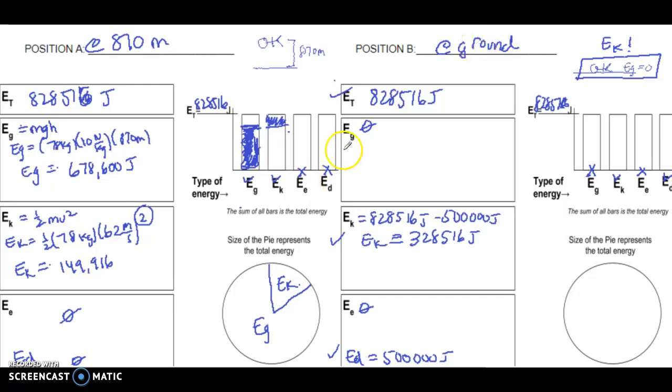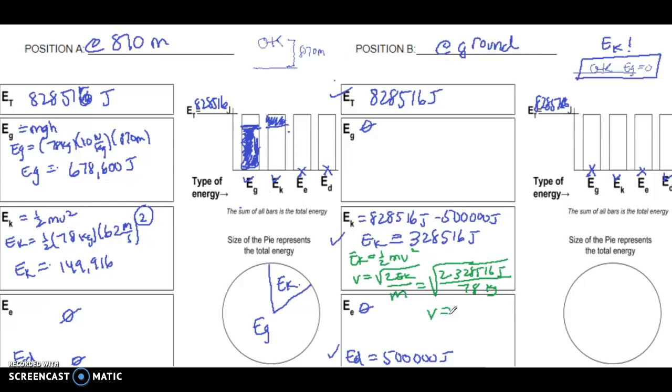Now it's asking me to find his speed, so if I write my equation, again, if you can isolate it, that's great. If you can't, that's fine, just plug in the numbers. So I'm going to have 2 times 328,516, divided by the mass, which was 78 kilograms.